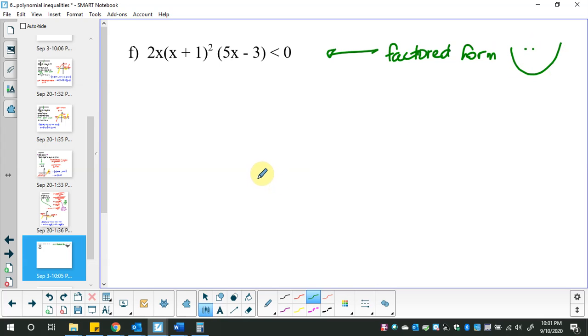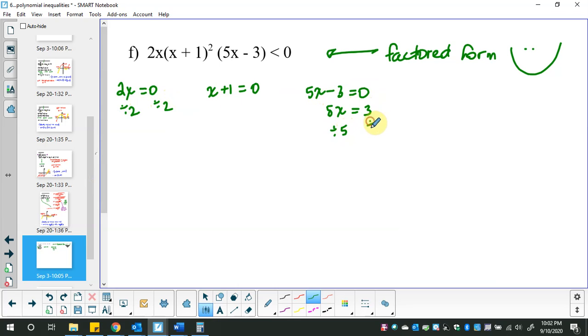Factored form. That means I don't have to do anything except race right on to finding my x-intercepts, or roots, or whatever you want to call them, solutions. So x equals 0.